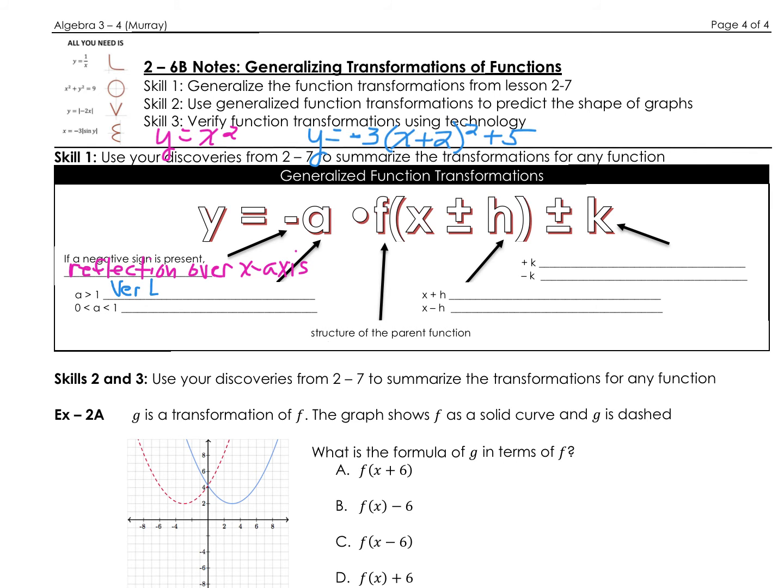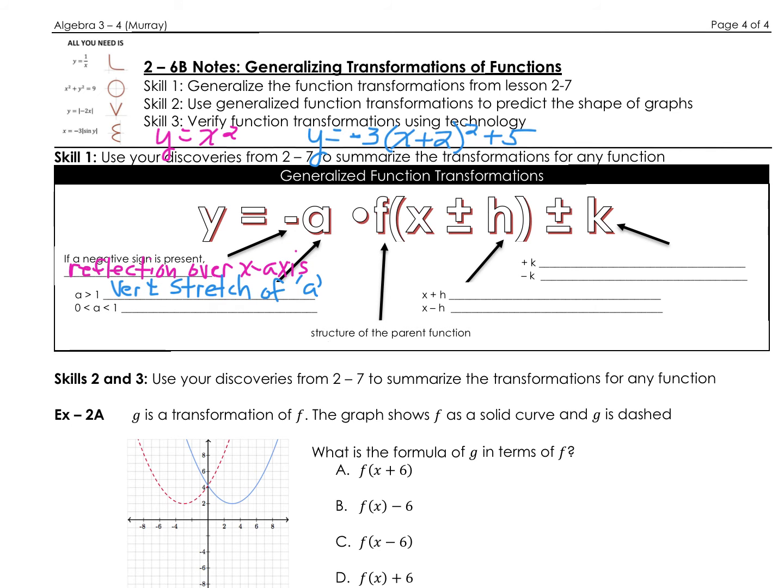I'm going to abbreviate vertical as vert. So a vertical stretch, which means it's going to pull the graph away from the x-axis by a factor of A, whatever that number is. So in our transformation here, our graph is going to stretch 3 times what it was.